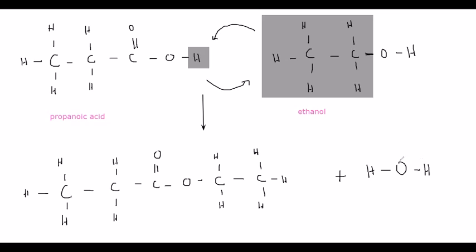But what is the name of the product? We name the branch first, and then we name the main chain. How many carbon atoms are in the branch? There are two carbon atoms.